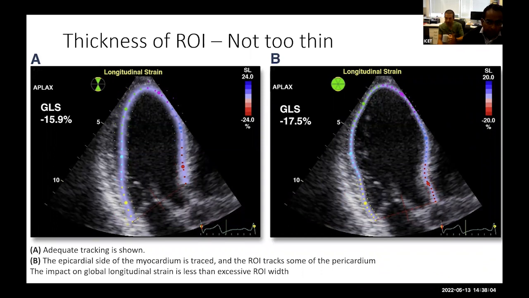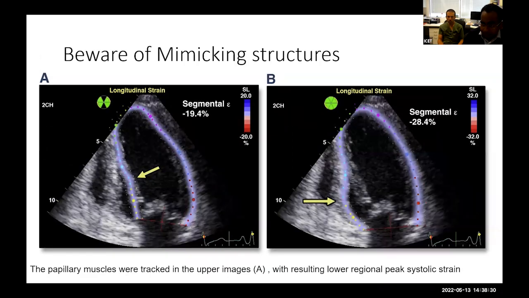If you've got a thin one, like the one on the right-hand side of panel B, you won't track the entire endocardium and you'll get a falsely increased strain measurement. So region of interest is quite important because you need to make sure that you're tracking the actual endocardium. And you can adjust the ROI by changing its width.